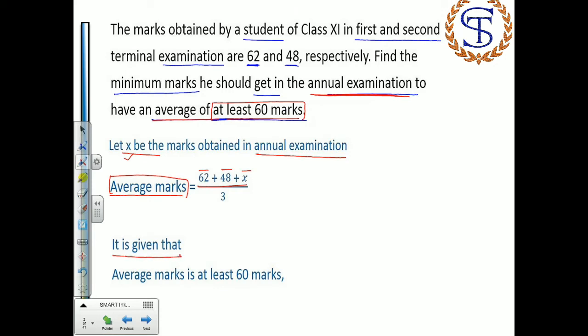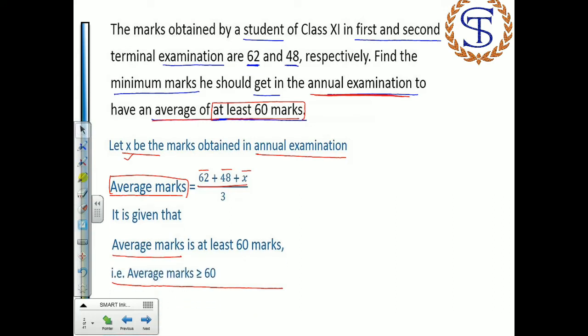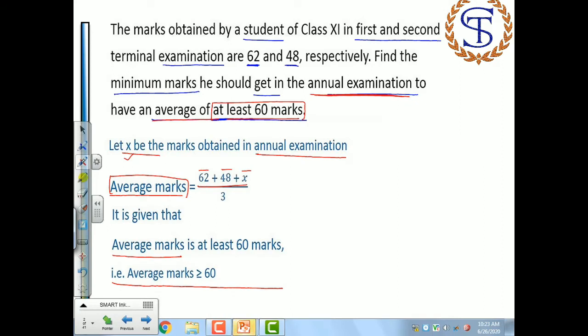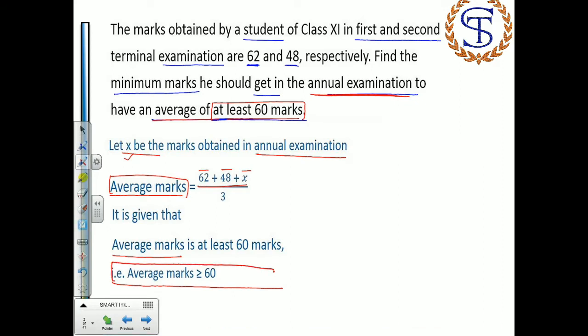Therefore, we can write average marks is greater than or equal to 60. Why greater than or equal to?